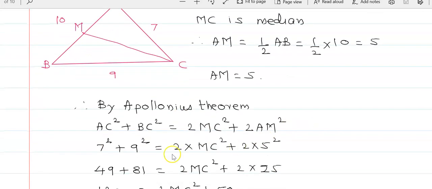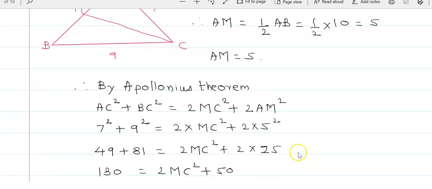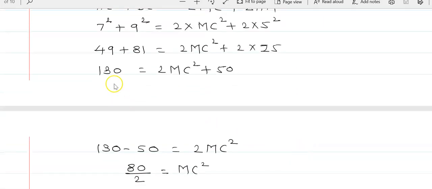Therefore, here we will substitute the values. That is 7 square plus 9 square equals 2 times MC square plus 2 into the value of AM, that is 5. Therefore, 49 plus 81 equals 2 times MC square plus 2 into 25, that is 50. And therefore, 130 minus 50 is equal to 2 times MC square.